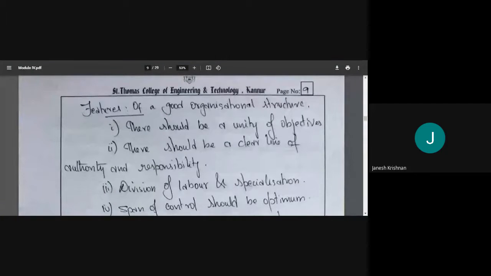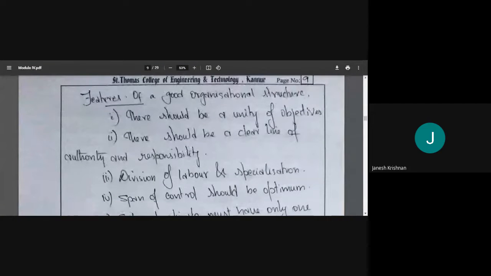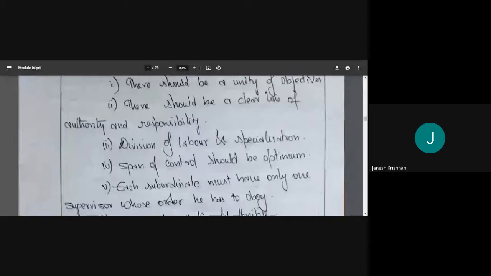Then division of labor and specialization. Even when your guides are assigned, their specialization is in that region, maybe geotechnical, maybe urban planning. So division of labor and specialization.